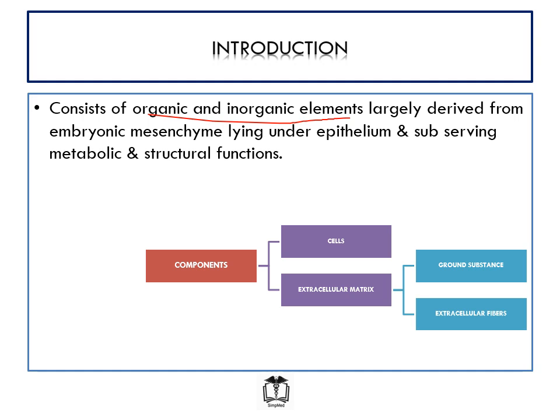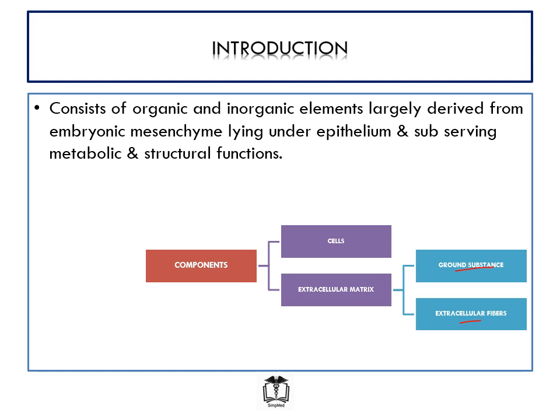So we can say the components of connective tissue include cells and extracellular matrix, but largely the extracellular matrix. The cells are divided into wandering cells and fixed cells, whereas the extracellular matrix includes ground substance and extracellular fibers. We talked about this to a larger extent in a previous module, connective tissue 1.